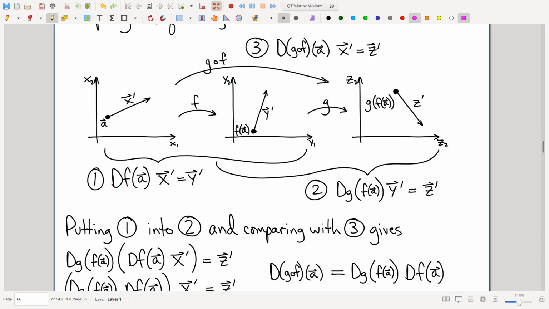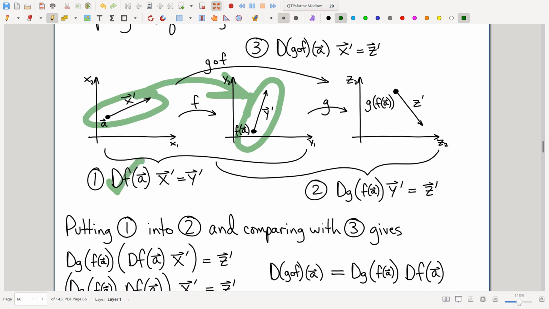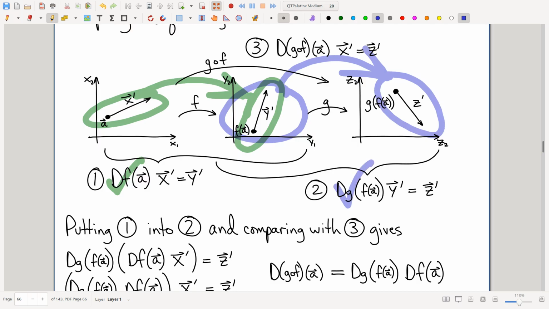And again, if you think of the derivative of f as the factor that you multiply by x prime to get y prime, and if you think of the derivative of g as the factor that you multiply by y prime to get z prime, all right, we'll play the same game.